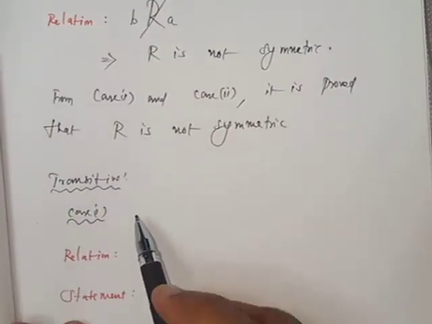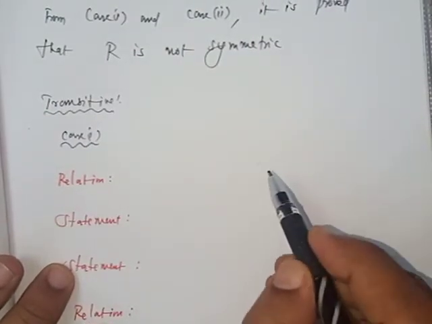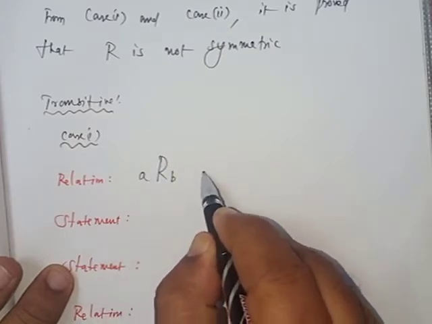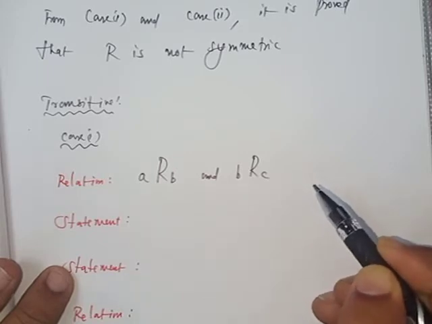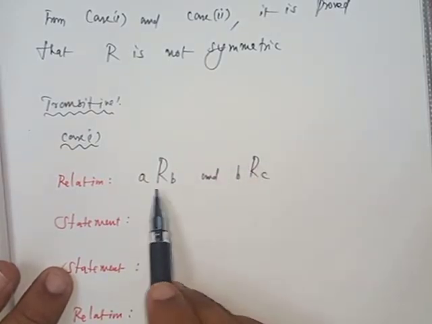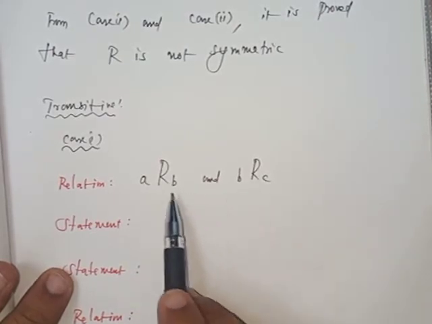Now we can go for transitive. Transitive, two different cases. First I start with A related to B and B related to C. Already I told you, for transitive you have to take two pairs. In the two pairs, one element should be common. Here I have taken B as common.